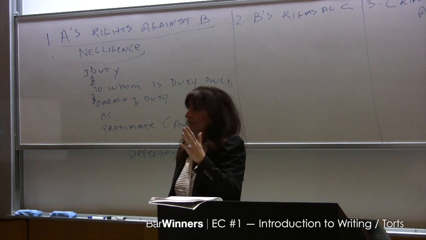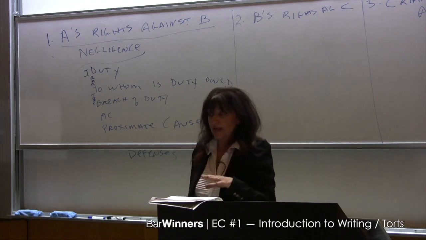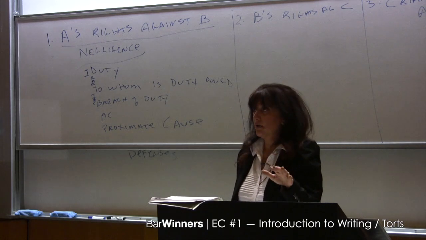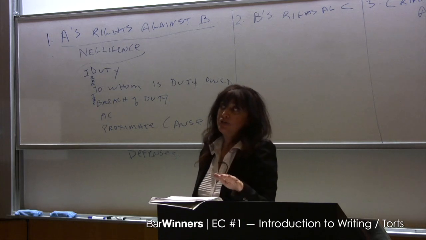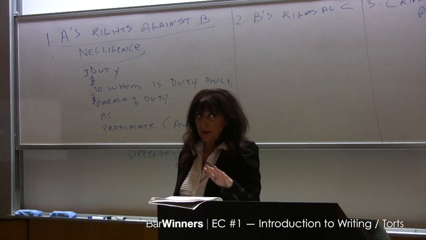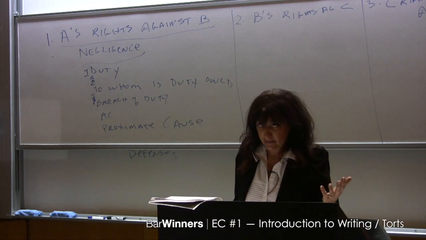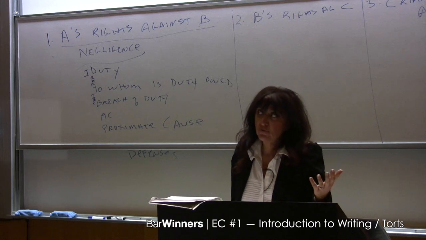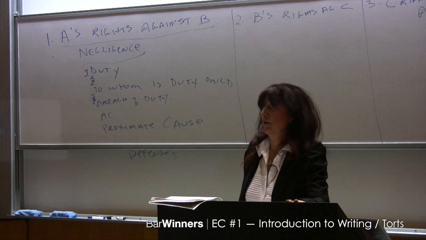In torts, sometimes the call of the question will say, what theory or theories? When a question says what theory or theories, theories means other subjects. So if it says what theory or theories, it's generally saying, is there a will?